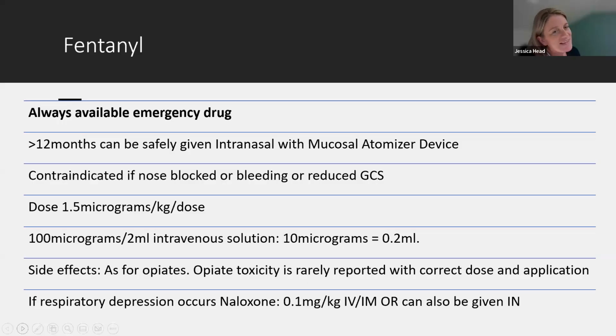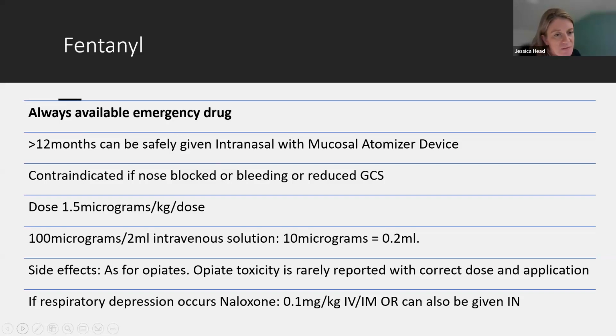Fentanyl is an always available emergency drug and quite safe for children over 12 months when given intranasally. It's only contraindicated if the GCS is reduced or the child has a blocked or bleeding nose. The dose is somewhere between 1 and 2 mics per kilo, and the usual concentration, but you must check what you have, is 100 mics per 2 mils.